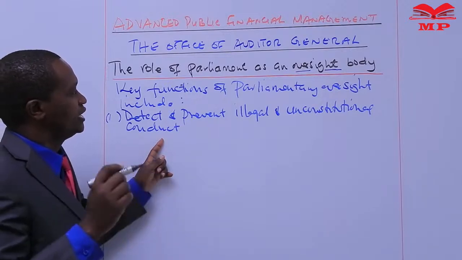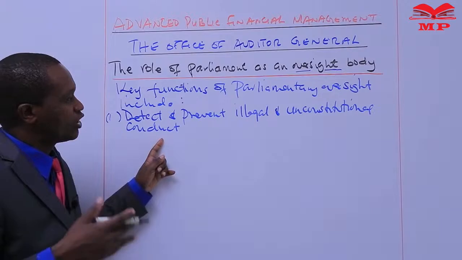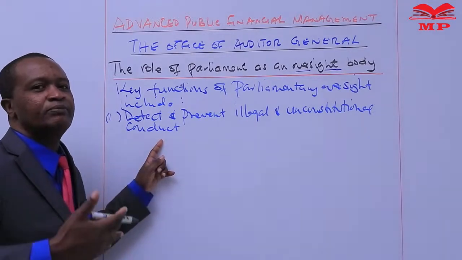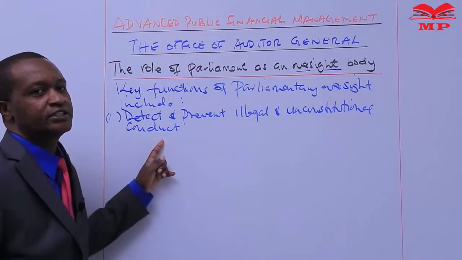That is the one key function of parliamentary oversight. And at the core of this function, candidates, is the protection of the rights and liberties of the citizens.